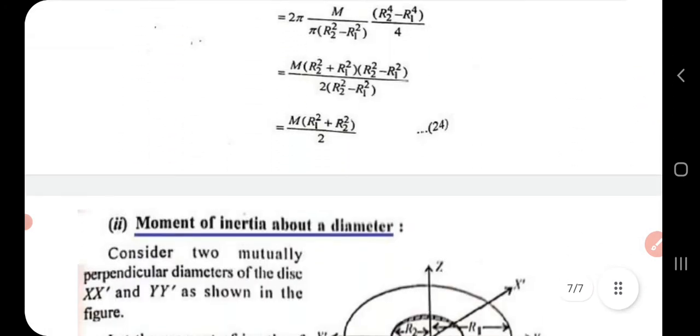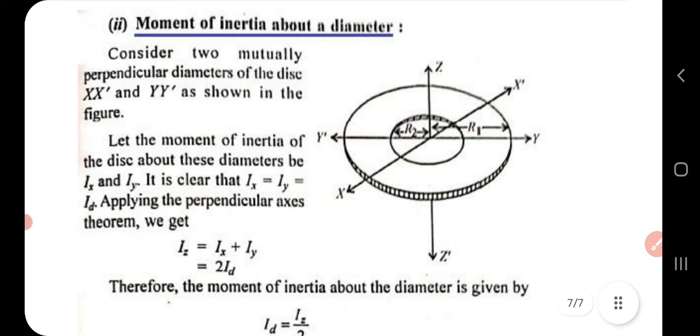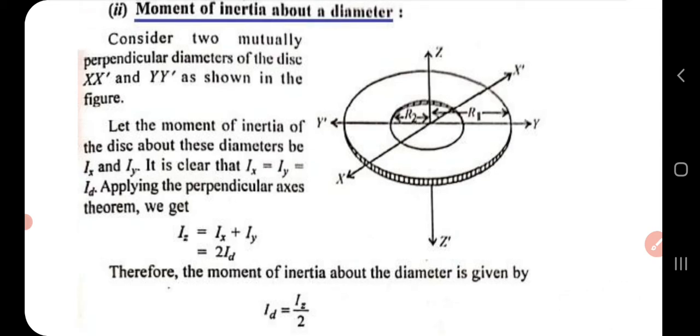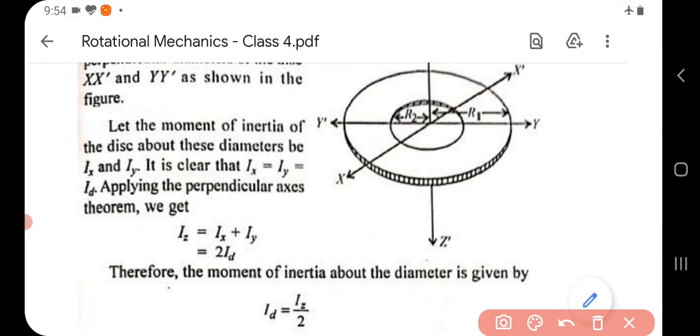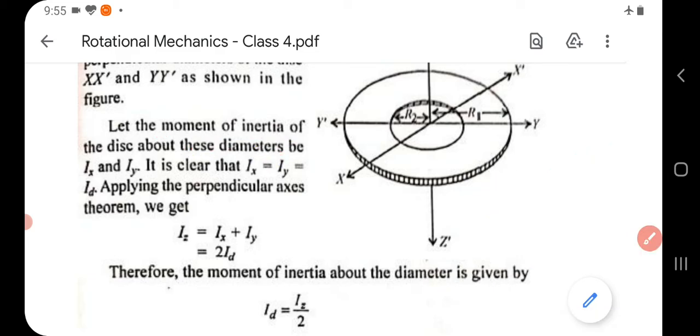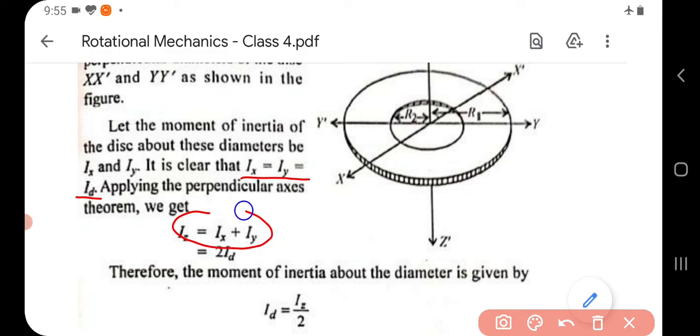Now we are going to find the moment of inertia about a diameter. Same procedure: we consider two mutually perpendicular diameters, x dash and y dash. Let Ix be the moment of inertia about x dash and let Iy be the moment of inertia about y dash. As we have already discussed, the moment of inertia of the disk about a diameter will be the same, that is Ix equals Iy equals the moment of inertia about the diameter, Id. Now by the perpendicular axis theorem, Iz equals Ix plus Iy.